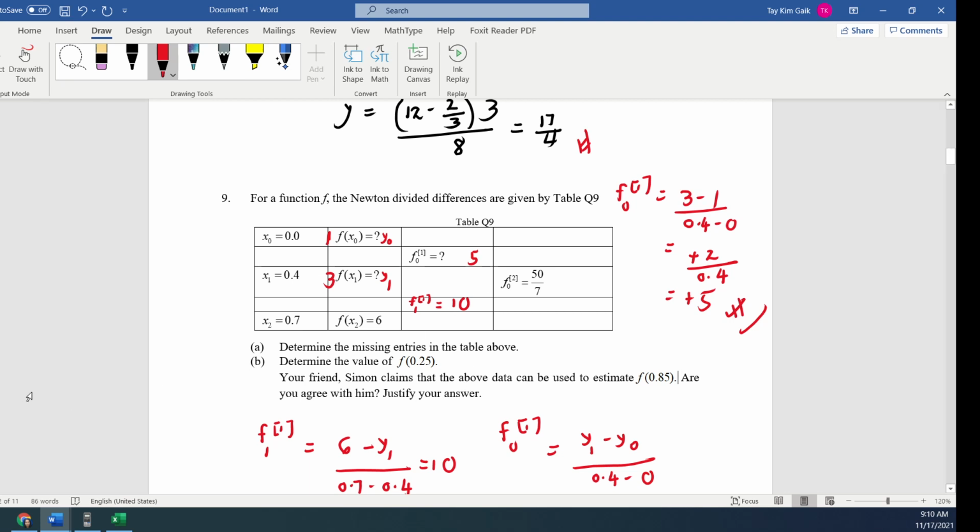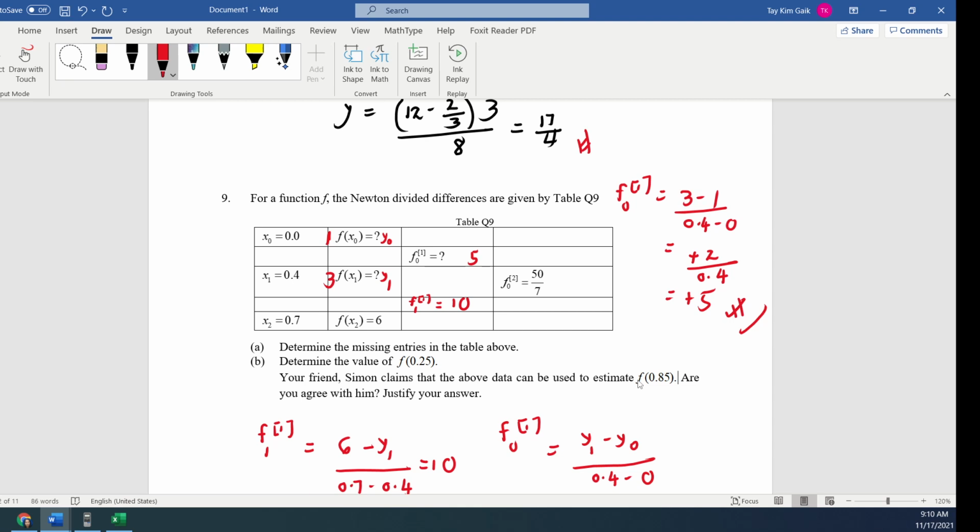Okay, Dayang, can you use this table from question 9 to estimate f 0.85, as what we did for f 0.25? Can or not?